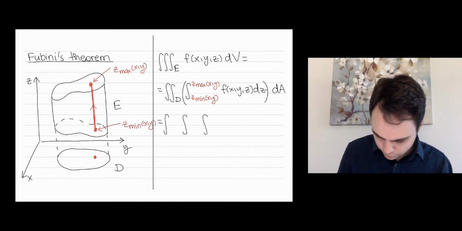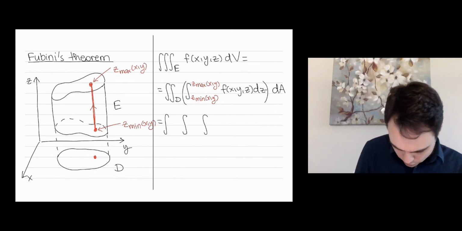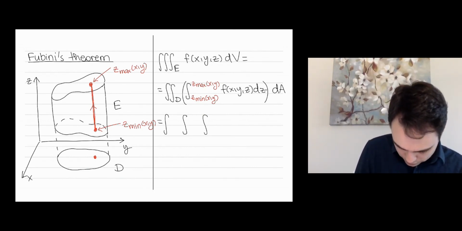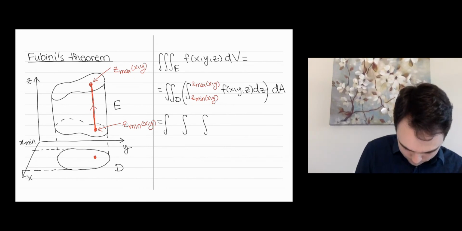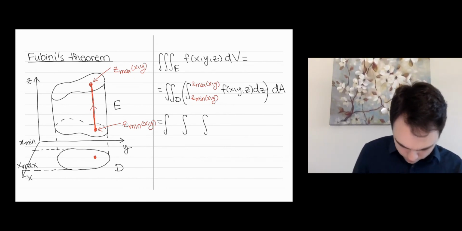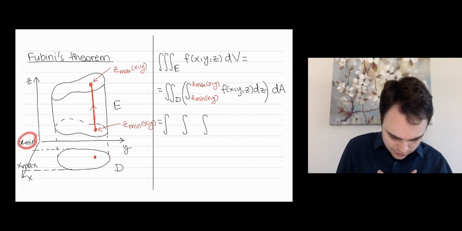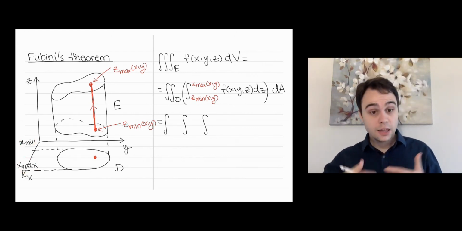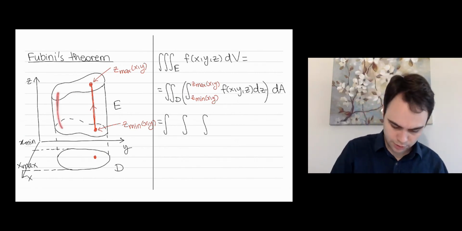I'll integrate the function. Okay, so let's find the bounds for x. They're going to look something like this. I'll have a minimum value of x in my projected region D, and a maximum value of x in the projection region D. These extreme values for x in the projected region are the same as the extreme values for x in the whole shape, right?